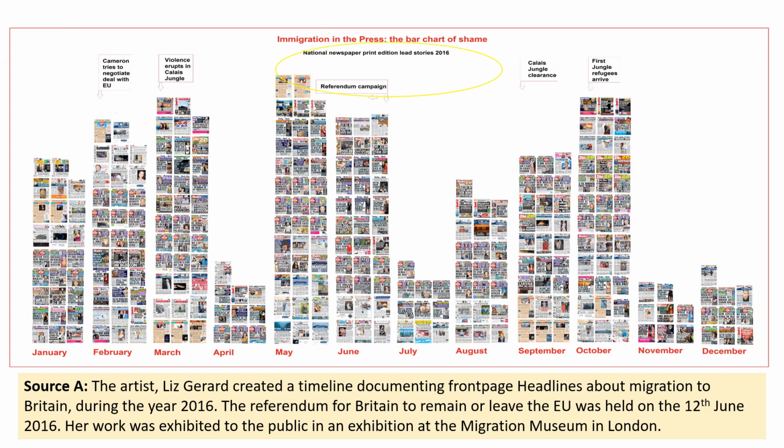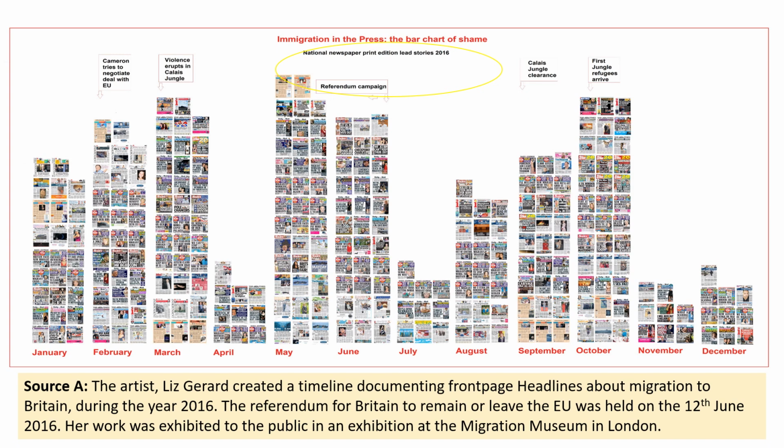And what it does is it shows all the different national newspapers that had put a story about migration for every month of the year 2016. Now the year 2016 was the year where Britain held the Brexit referendum, whether they should stay in the European Union or leave it. And newspapers played quite a big part in that year. And the artist Liz Gerard wanted to highlight that.